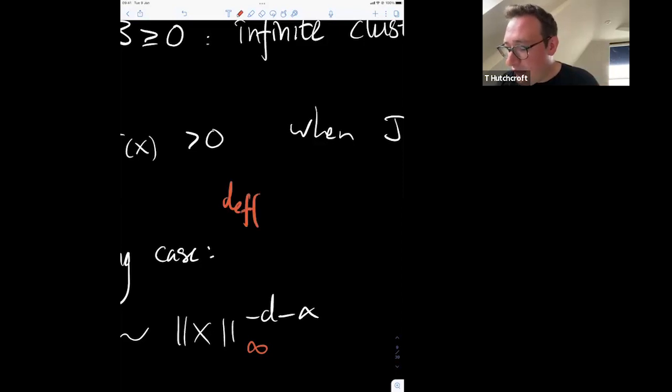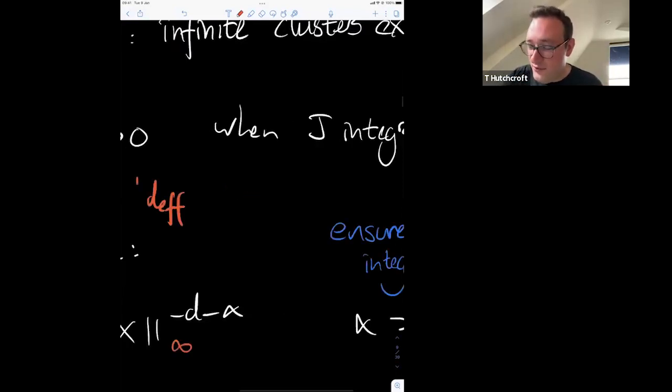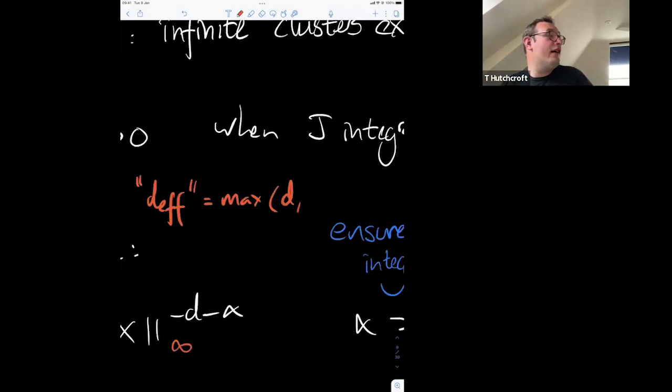But you can define an effective dimension, which is the maximum of the actual dimension and 2d over alpha.